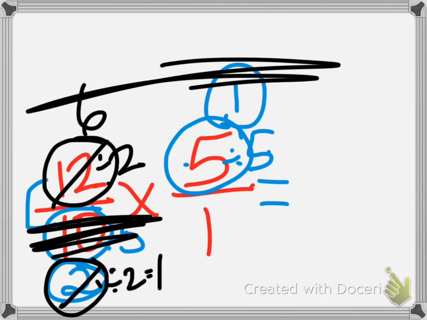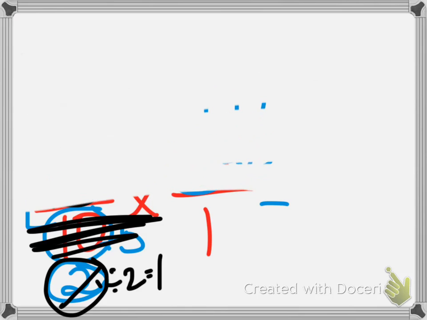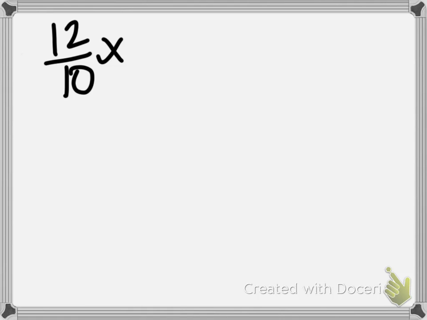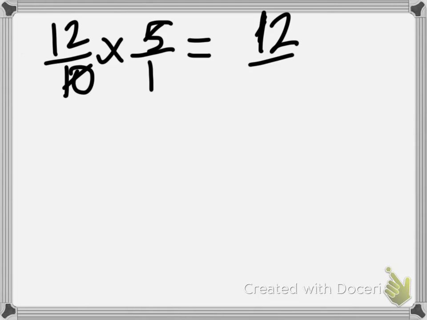Let me rewrite this so you can see what I'm thinking. What happened is originally I had 12 over 10 times 5 over 1. After I simplified it, then we had 12 over 2 times 1 over 1.